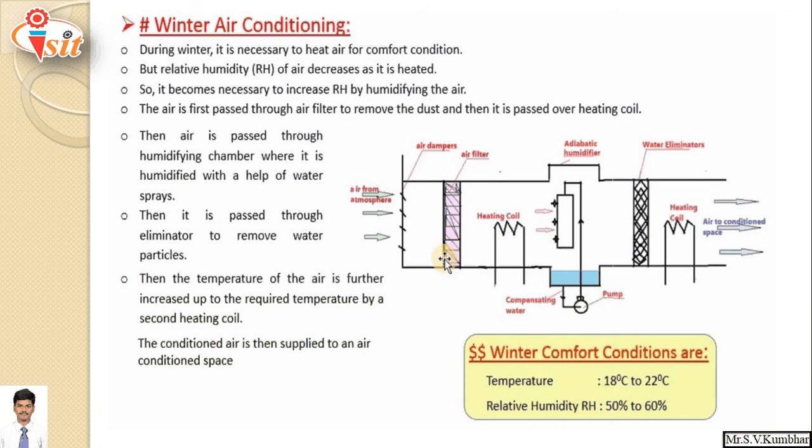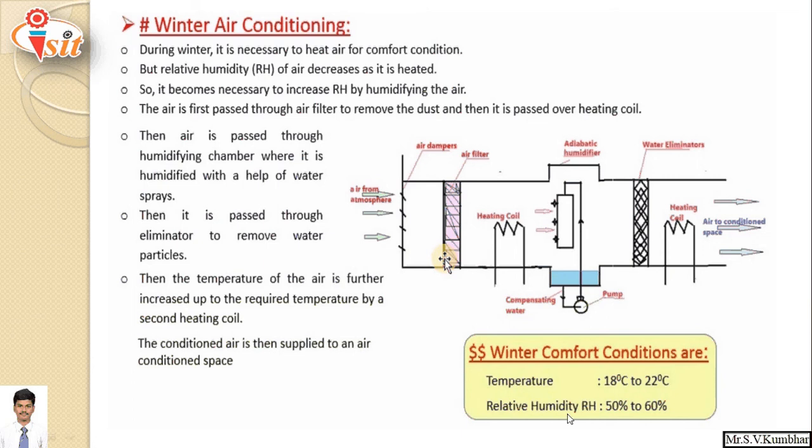So it becomes necessary to increase relative humidity by humidifying the air. The air is first passed through an air filter to remove dust or any impurity present in it, and after that it is passed through a heating coil.